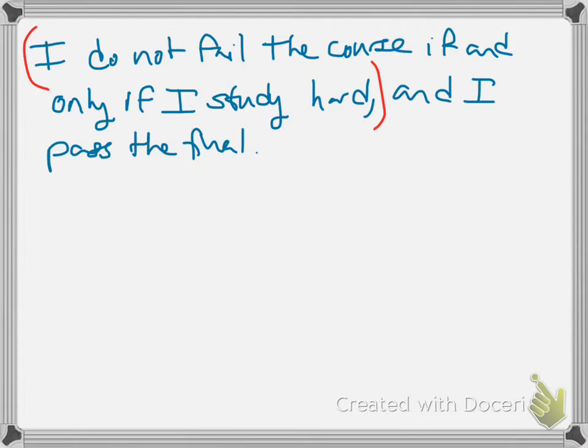Now I need to have parentheses around the if and only if part, not around the and part. So I'm going to use the same statements, which means that I do not fail the course. That's going to be not P. If and only if I study hard, Q. But then I'm going to put parentheses around the biconditional and R. So that little comma actually makes a big difference.